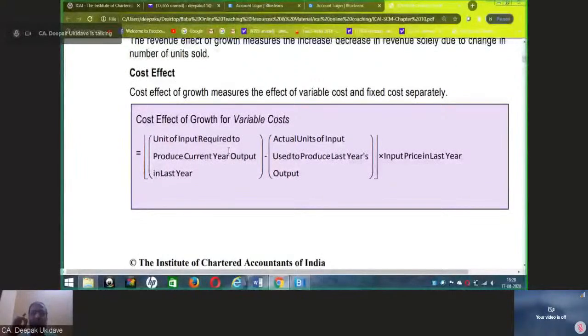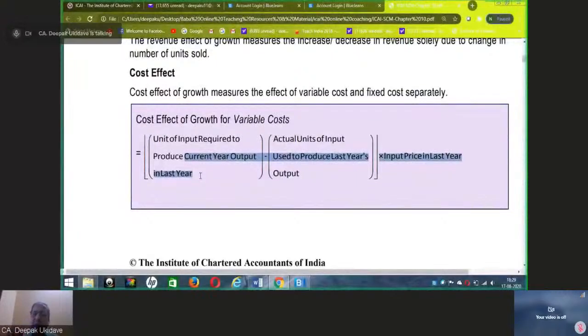See whether you recollect these formulae for calculation of material volume variance, what we used to call material usage variance. It used to be calculated as standard quantity of raw material required for actual output minus actual quantity of raw material consumed. So inside the bracket, you used to talk about input quantity.